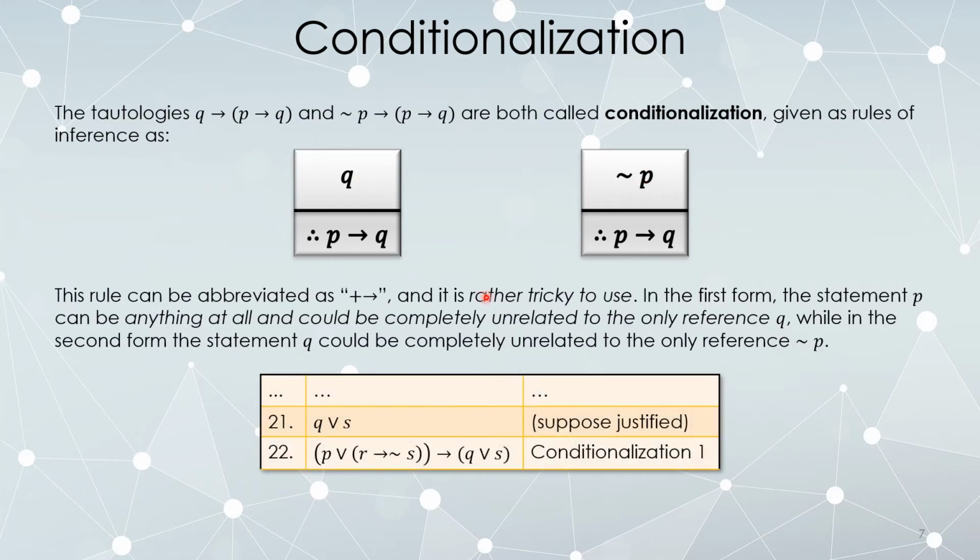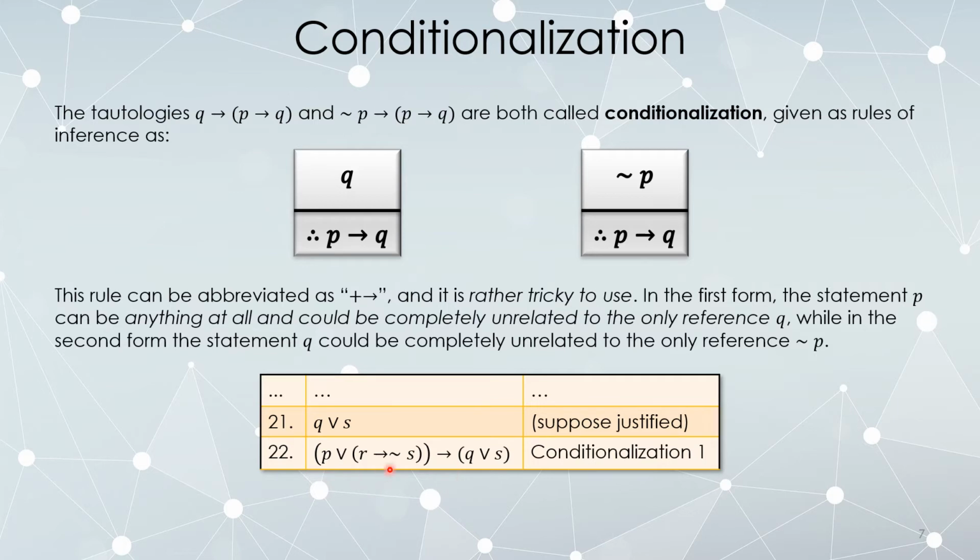So for example, suppose you have the line Q or S. Just pretend that was justified. Since I do have this line, I can automatically make it the conclusion of a conditional statement using any hypothesis I want. For example, P or R implies not S. So from the known line Q or S, I can make this conditional statement.